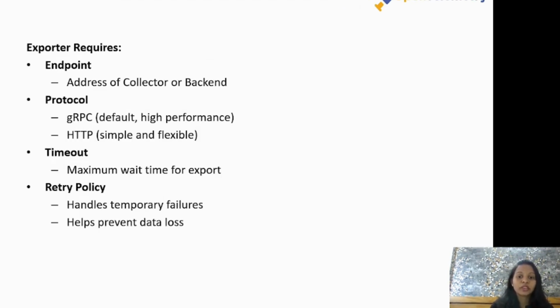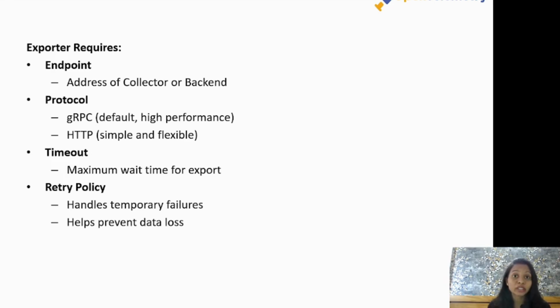Then if we go with the configuration, OTLP exporter configuration plays a big role in production stability, because there are some key settings: the endpoint, protocol, timeout, and retry policy. Why? Because the endpoint is where the data is sent, and the protocol is gRPC for high performance or simple, easier HTTP.